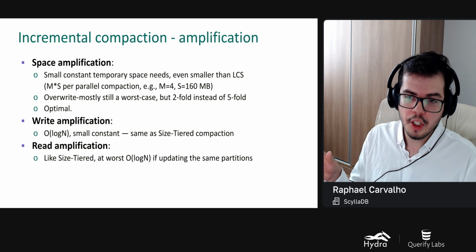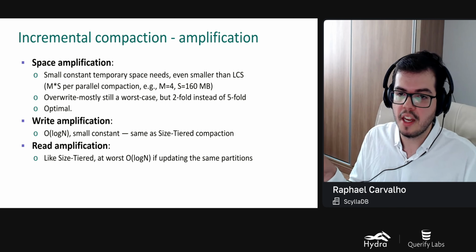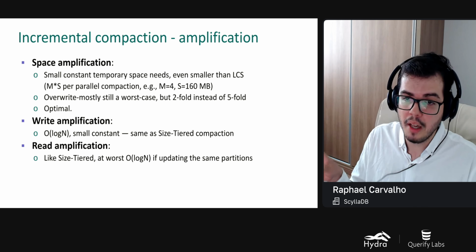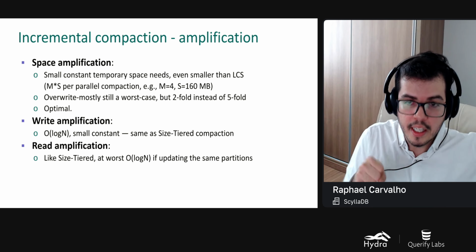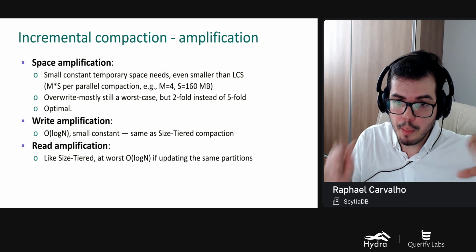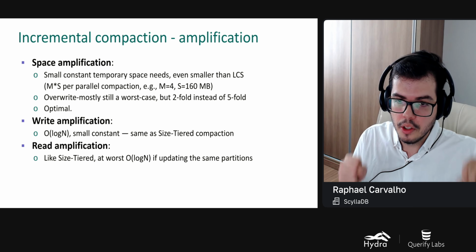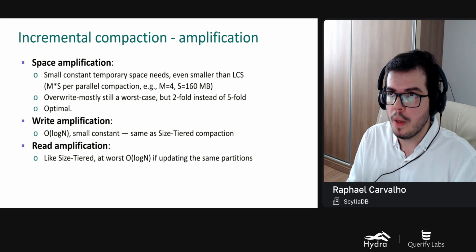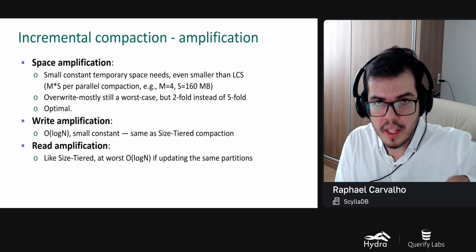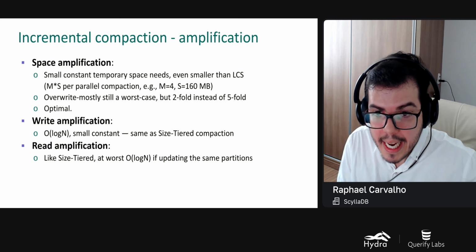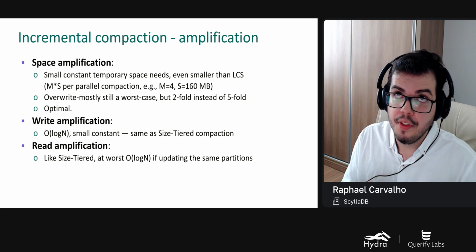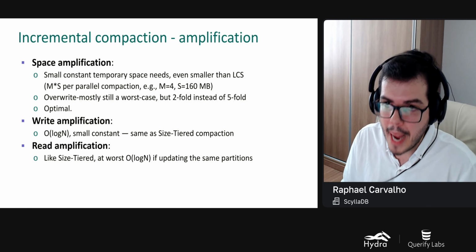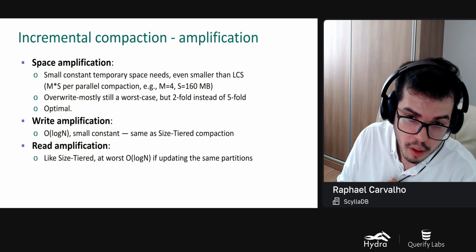So this is the space amplification. As you can see, the write and the read amplification remain the same as the tiered policy, but what changes is the space amplification. Without the hybrid layout, the space amplification is still going to be bad for overwrite intensive workloads.